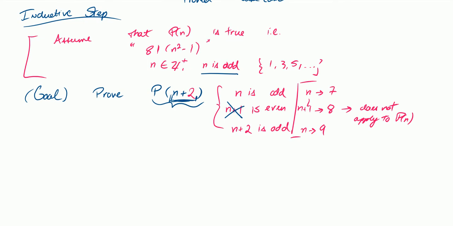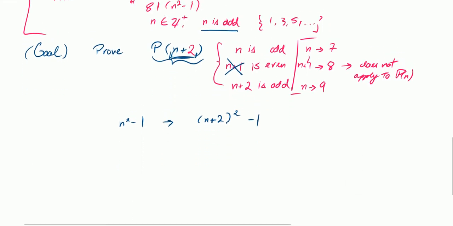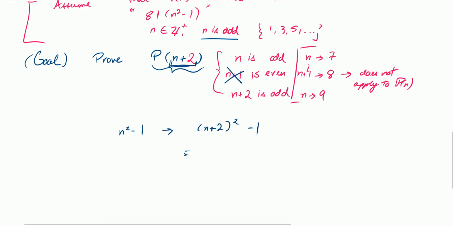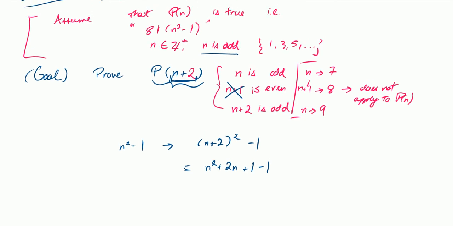So in this case, n squared minus 1 becomes (n plus 2) squared minus 1. Now let's see what this becomes. Let's expand this. This becomes n squared plus 2n plus 1 minus 1. Automatically your reflex is to cancel the ones.